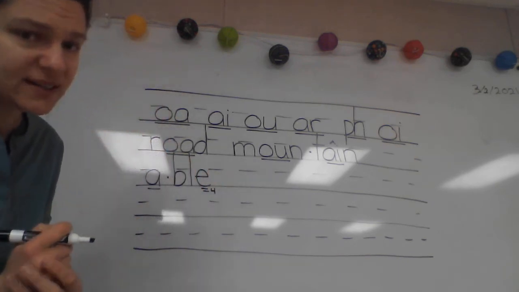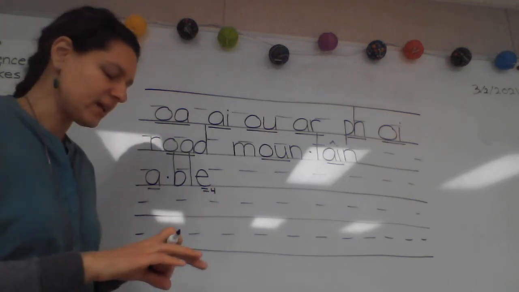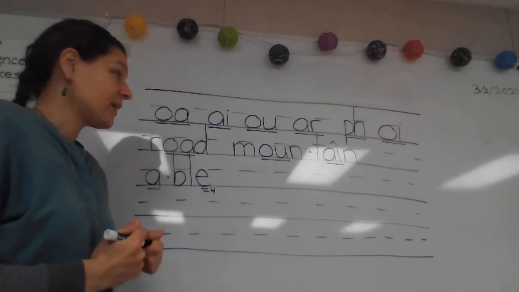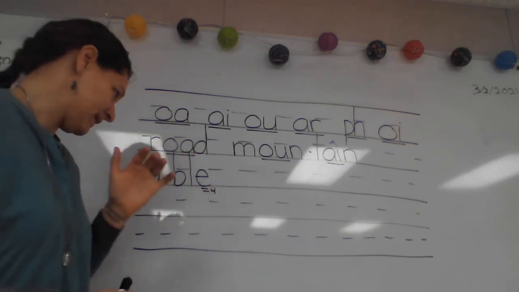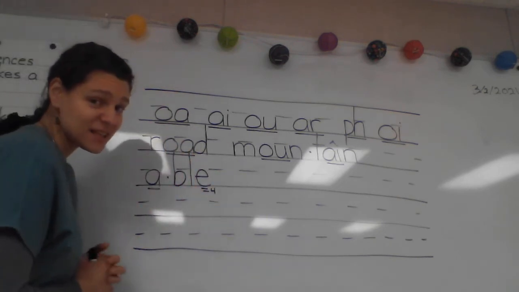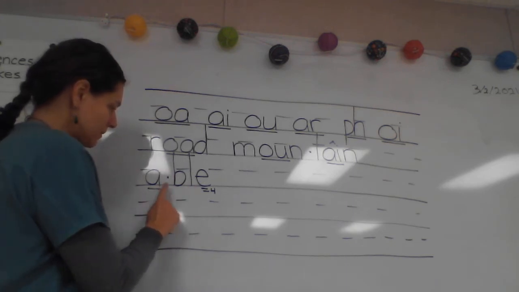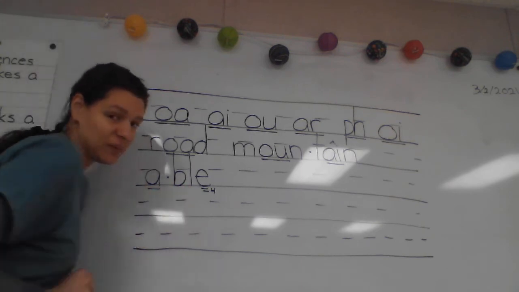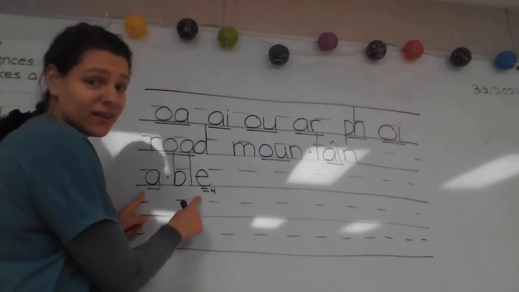Yes, jobs 4 and 6 are the only ones where we would mark just the silent final E. Every other silent final E job has a letter that goes with that silent final E. Let's read our word. Good. Able.